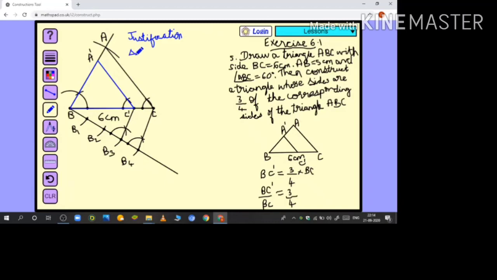In triangle ABC, A dash B C dash is similar to triangle ABC.